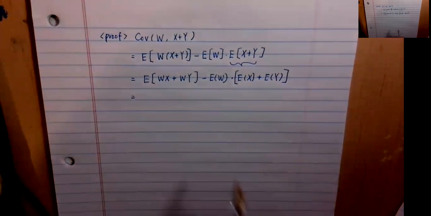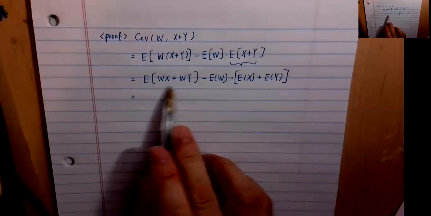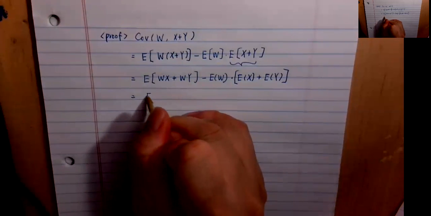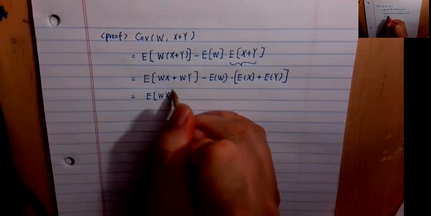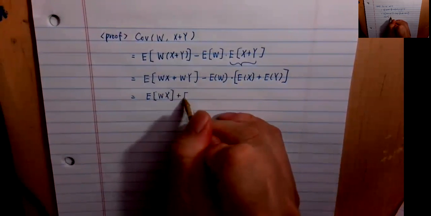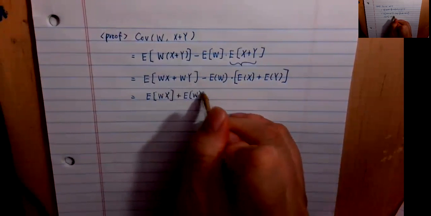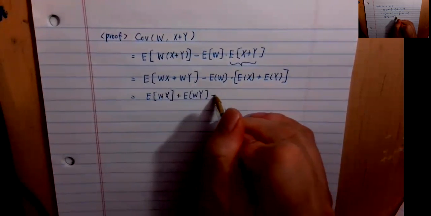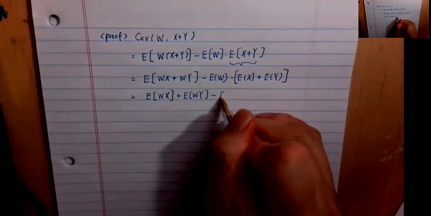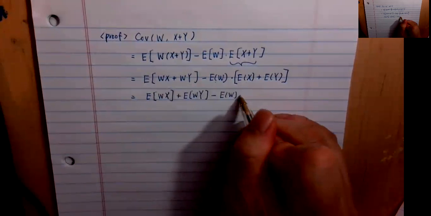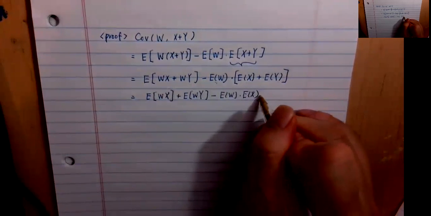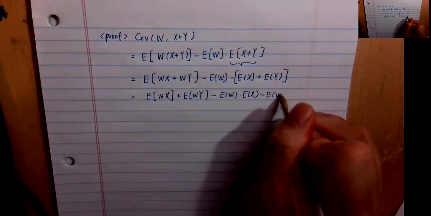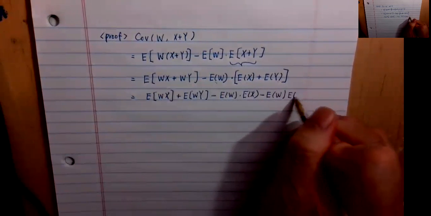And by property 3 of expected value, I can write this as the expected value of WX plus the expected value of WY, and then subtract EW times EX and EW times EY.